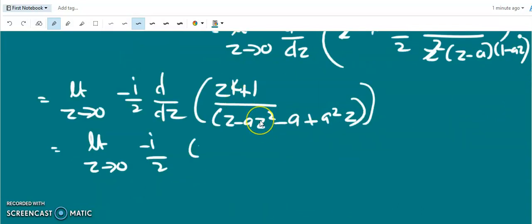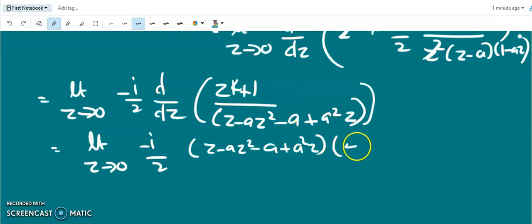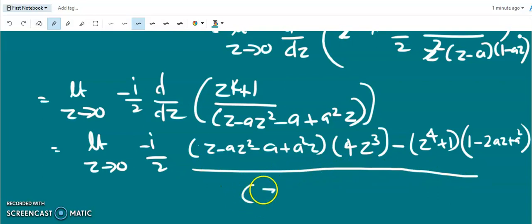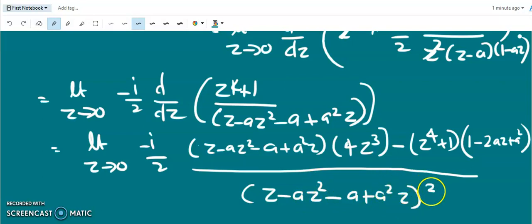We know how to calculate the derivative of a fraction: the denominator into the derivative of the numerator, the derivative of z to the power 4 plus 1, which is 4 z cube, minus the numerator into the derivative of the denominator, which is 1 minus 2az plus a square, divided by the denominator square, (z minus a z square minus a plus a square z) whole square.